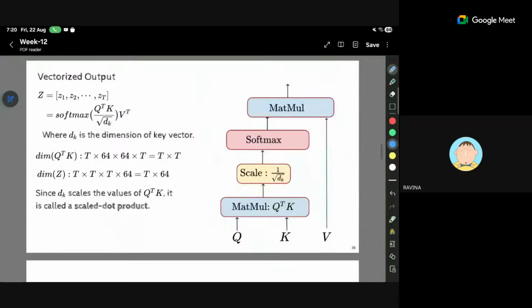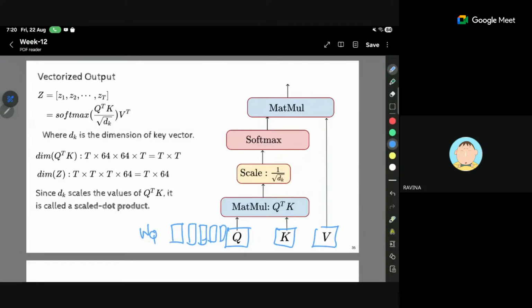So whatever we did, we produced q, k, and v, right? And how did I get q? I multiplied my vector with WQ. So if I multiply this, I'll get the q vector, and if I do it for all the embeddings, let's say I have 5 embeddings, then I'll get a matrix out of it, right?